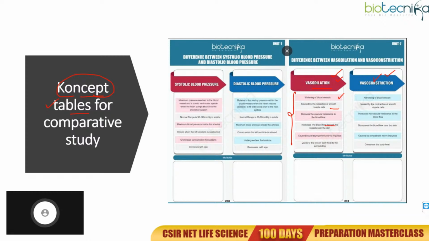It increases the blood flow in vasodilation, and decreases the blood flow in vasoconstriction. Which part of the nervous system is involved? It is parasympathetic for vasodilation and sympathetic for vasoconstriction. Though we may not know the details of a topic, when you follow these tables, you can see the comparative points that have been written.